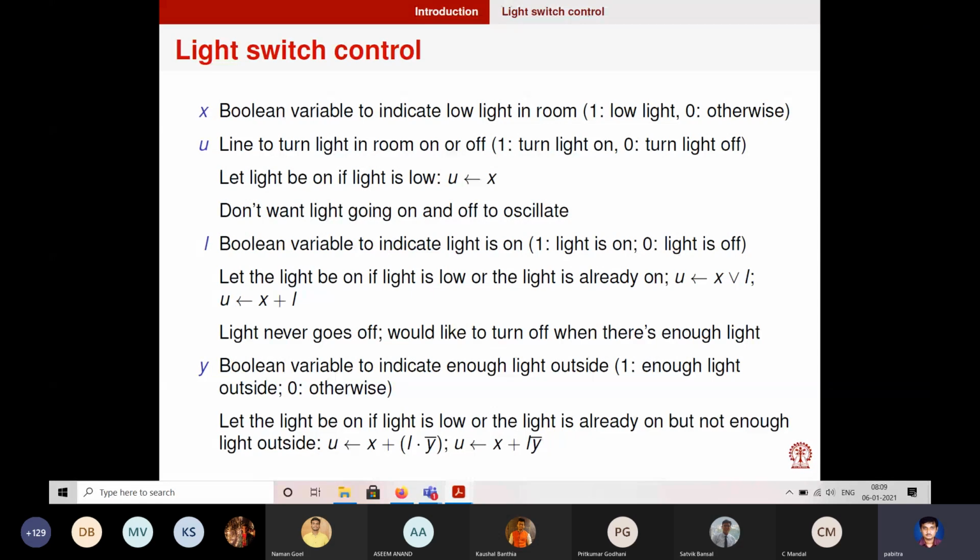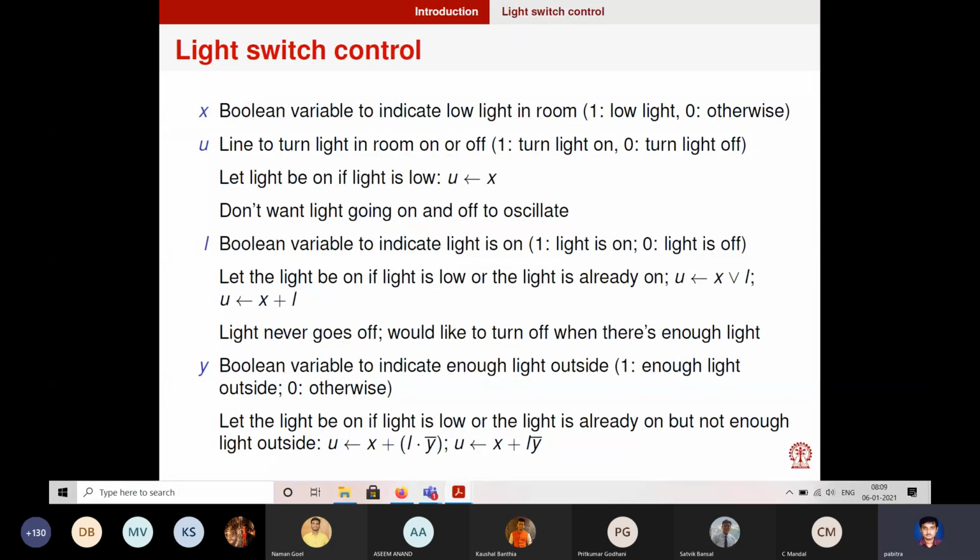If its value is 1, it means that the light in the room is low, and 0 otherwise. And U is a kind of switch which you can turn on or off. Similarly, if the value of U is 1, the light is turned on, and 0, the light is turned off. So naturally you can see one simple rule can be: if the room light is low, that is X is 1, it means that you turn on the light.